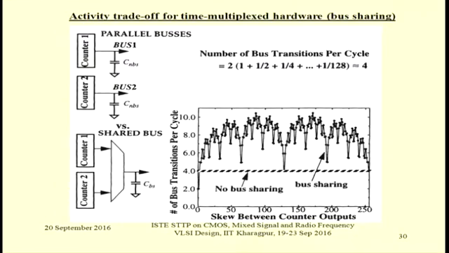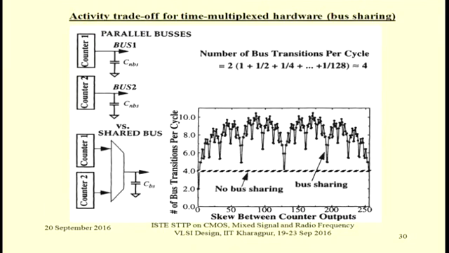So that means the transition is 1 by 2, and the second least significant bit of the counter will have a transition every other clock cycle, right? So what is the number of bus transitions per cycle for this parallel bus? It is 2 multiplied by this series, which is roughly equal to 4.